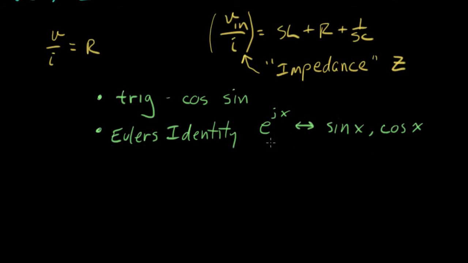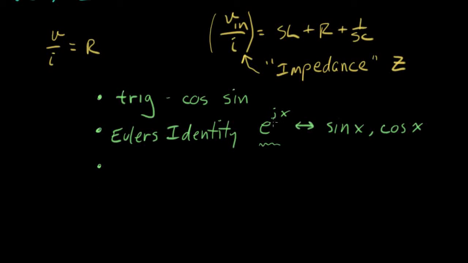And if you remember when we were solving differential equations, this was always the form that was the easiest solution to come up with, e to the something. And if we're limiting ourselves to sines and cosines for inputs, we need a really easy way to solve equations. So Euler's identity is the trick that allows us to do that.